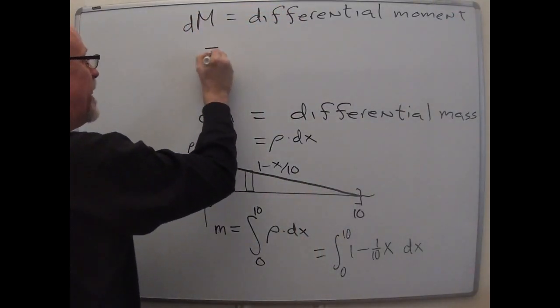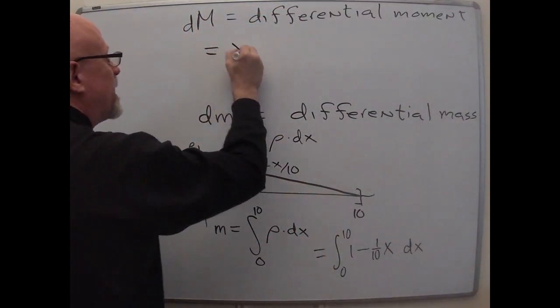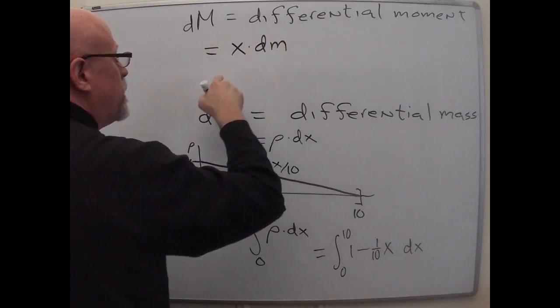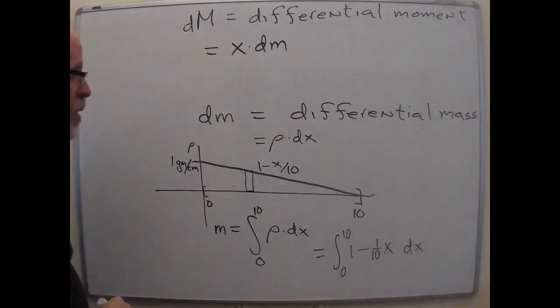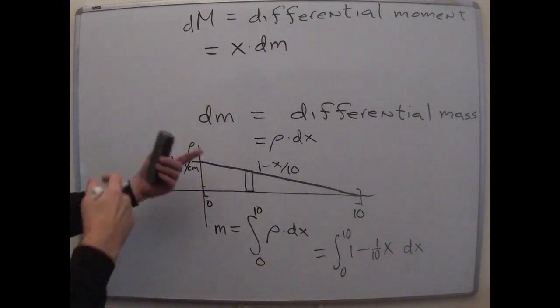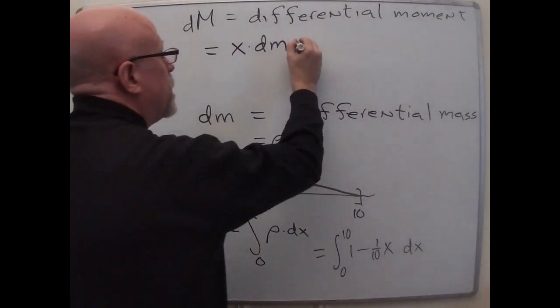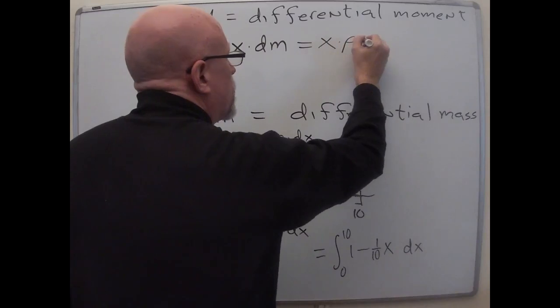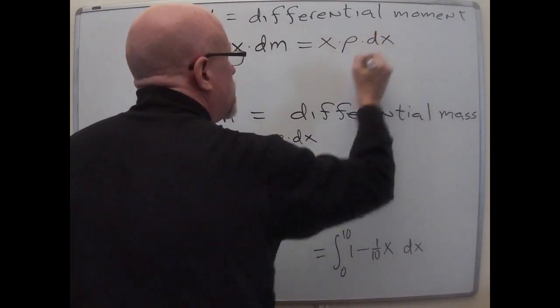Well, that is x times dm. It's the position you're at times the amount of mass at that position. But you can also expand it out as x times rho times dx.